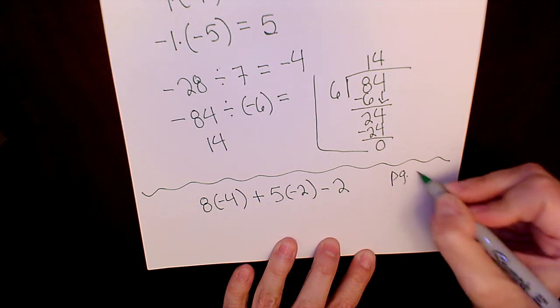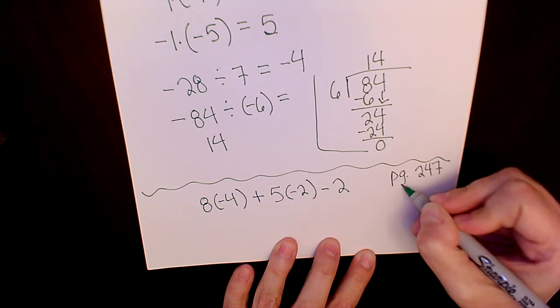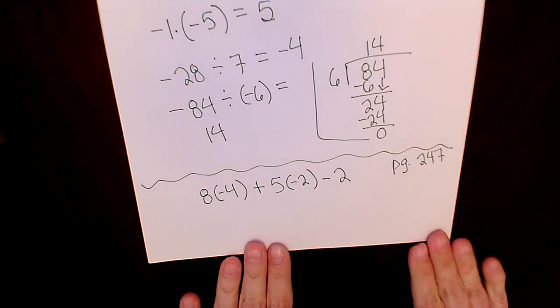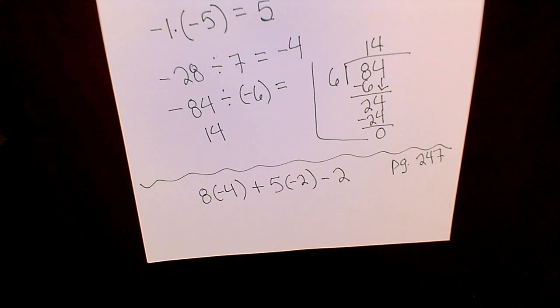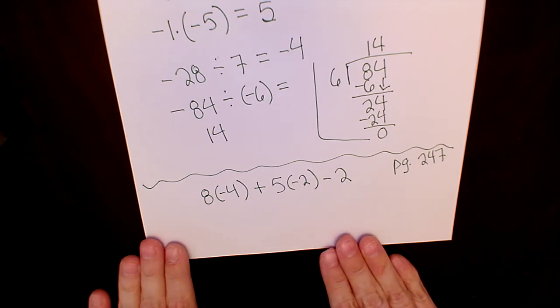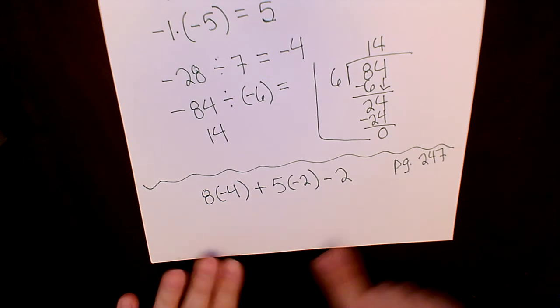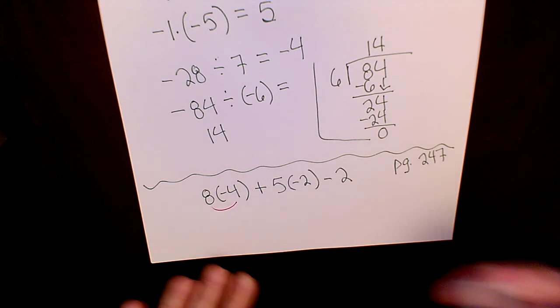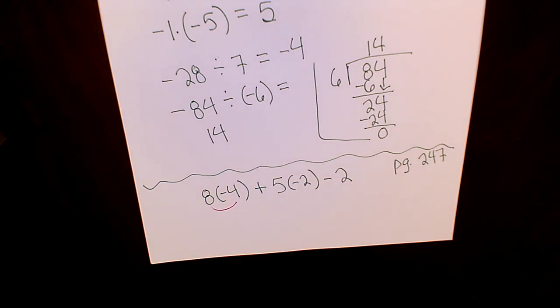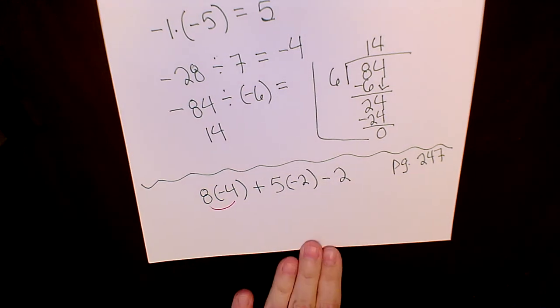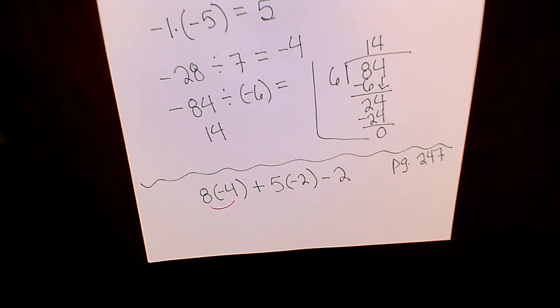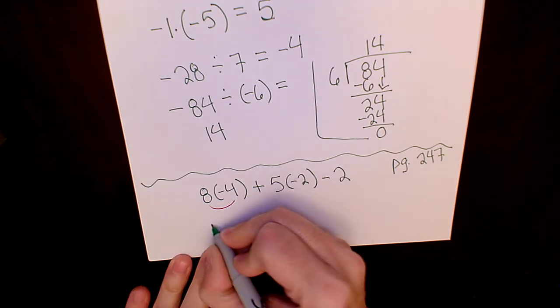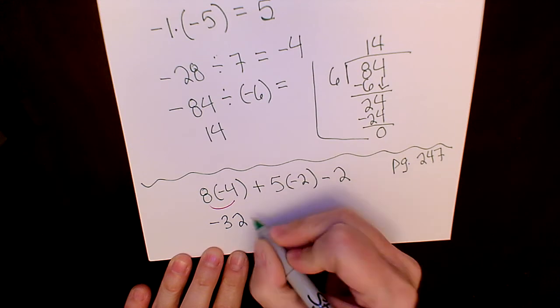So again, I'm still on 247. So this is like a PEMDAS problem. So I'm going to just go left to right, and I'm multiplying first. So I'm multiplying, that comes up first, like I said, going left to right. So what's 8 times negative 4? It's a positive times a negative. So this is a negative 32.